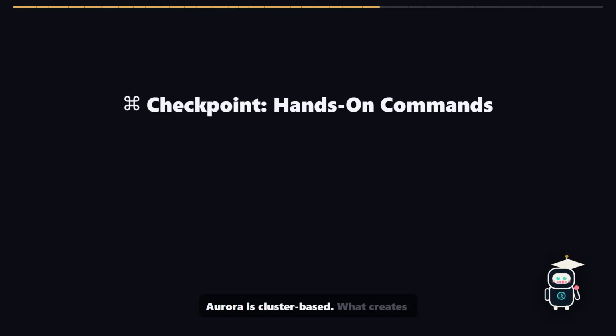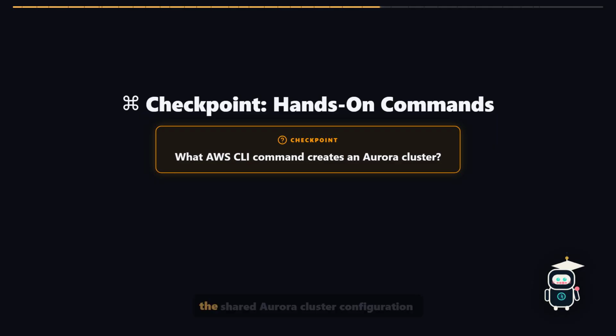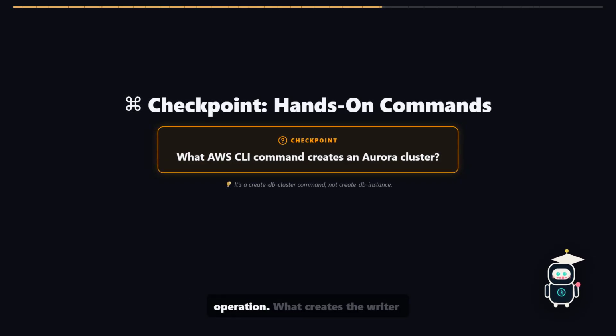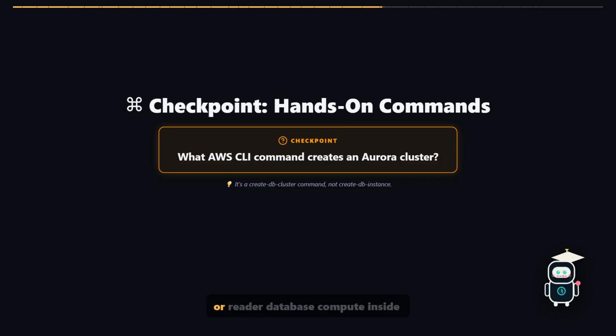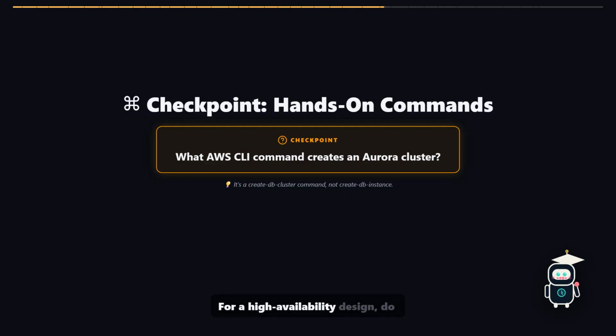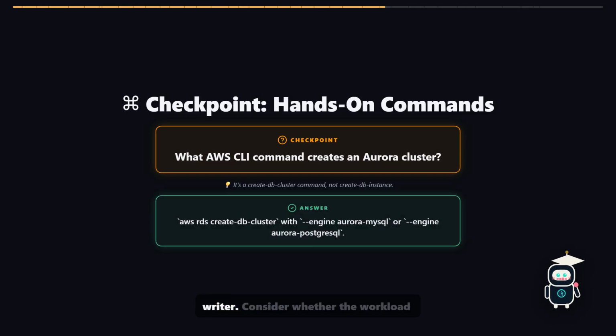Aurora is cluster-based. What creates the shared Aurora cluster configuration and storage layer? The Create DB cluster operation. What creates the writer or reader database compute inside that cluster? The Create DB instance operation. For a high availability design, do not stop after creating one writer.